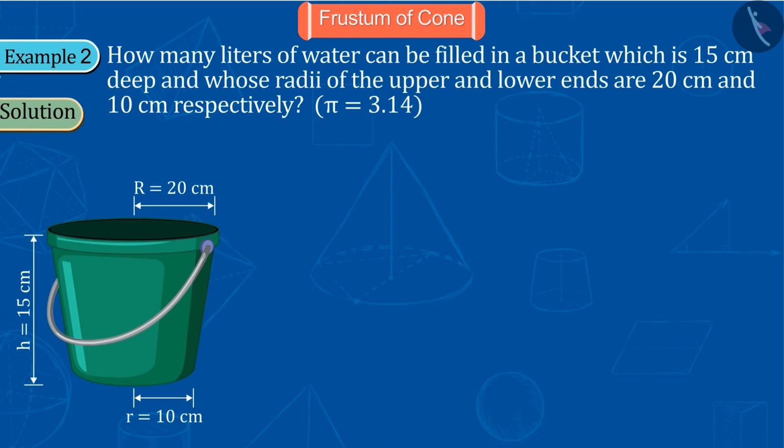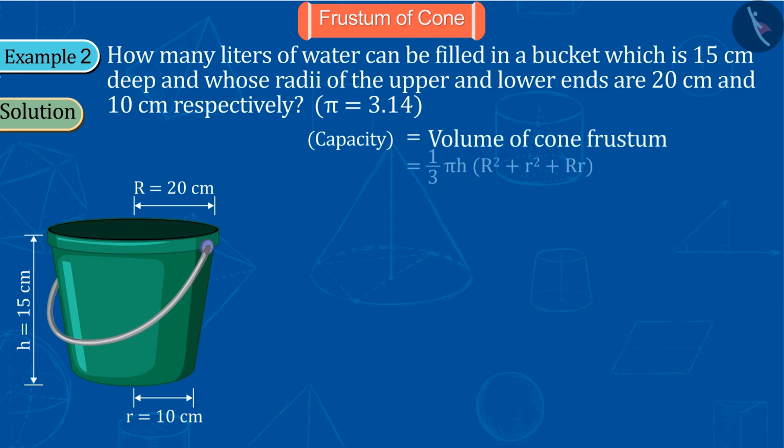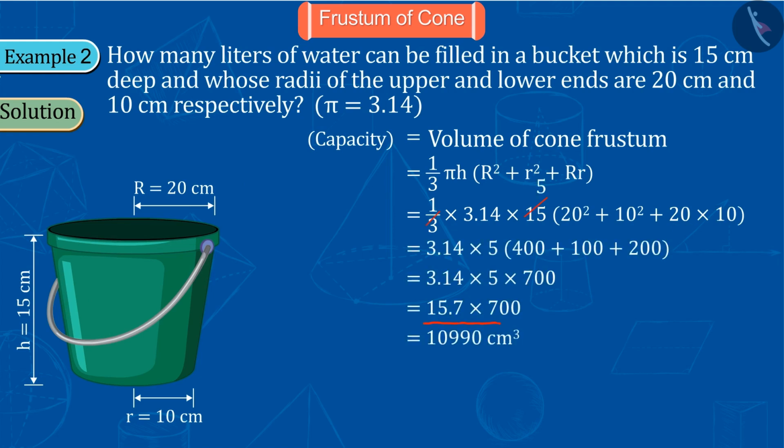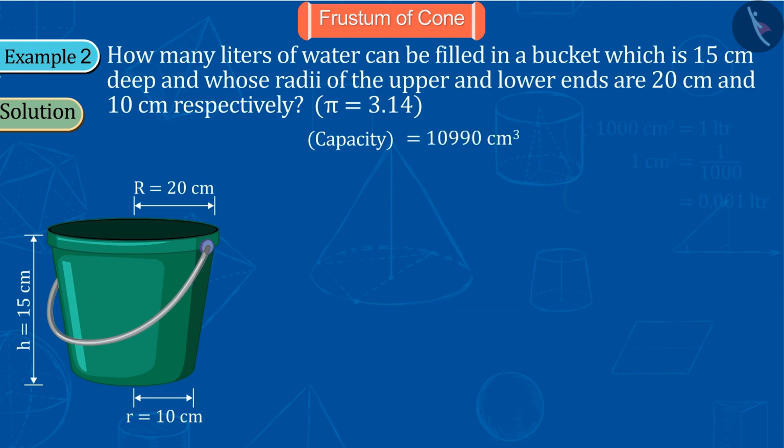So, can you tell how much water can be filled in this bucket? For this, we have to determine the capacity of the bucket, for which the formula of the volume of the frustum of the cone will be used. Solving by substituting all the values, the capacity of the bucket is found as 10,990 cubic centimeters.